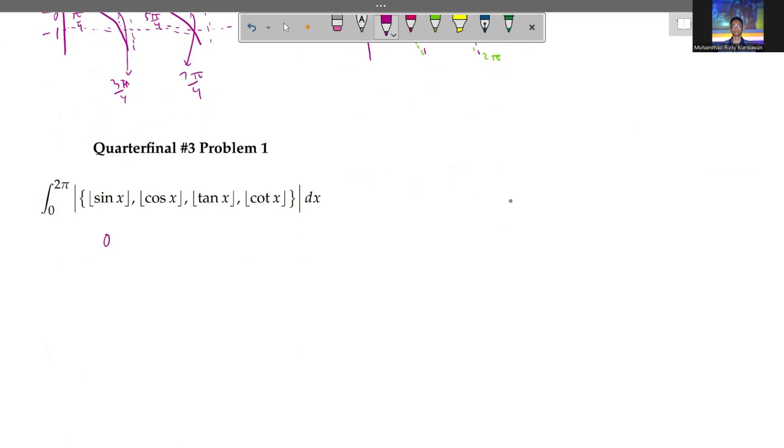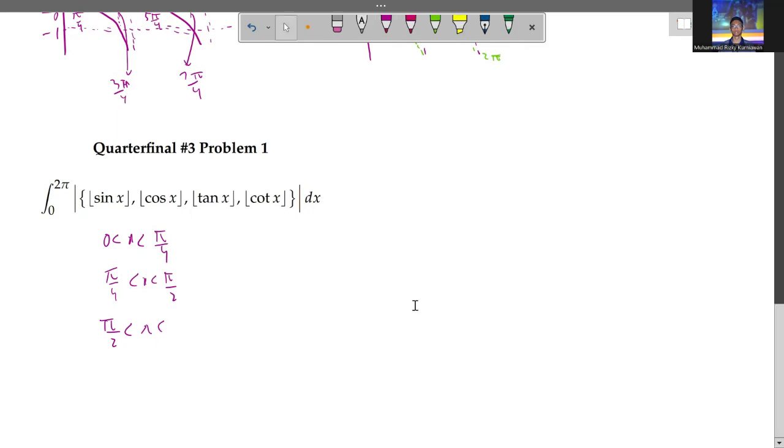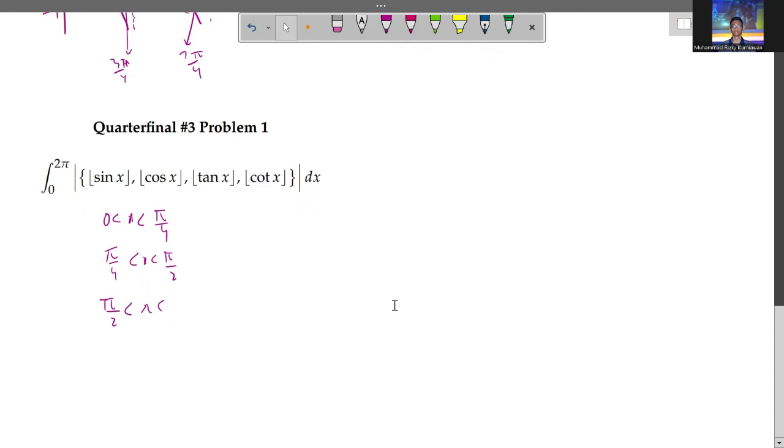So 0 to pi over 4, then pi over 4 to pi over 2, pi over 2 to... So basically, 1 over 4, 2 over 4, 3 over 4, 4 over 4, 5 over 4, 6 over 4, 7 over 4, and 8 over 4.